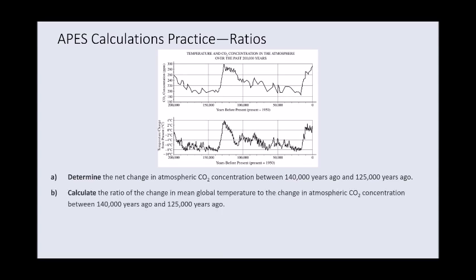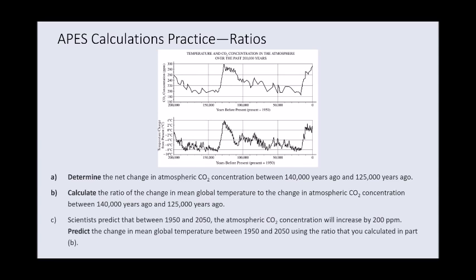B, calculate the ratio of the change in mean global temperature to the change in atmospheric CO2 concentration between 140,000 years ago and 125,000 years ago. And then finally, scientists predict that between 1950 and 2050, the atmospheric CO2 concentration will increase by 200 parts per million.